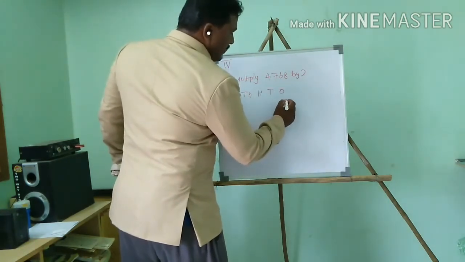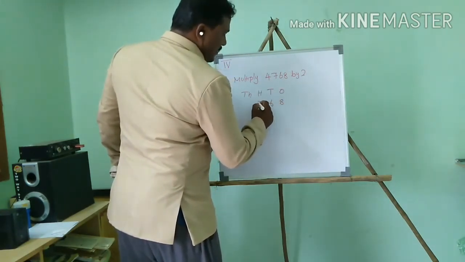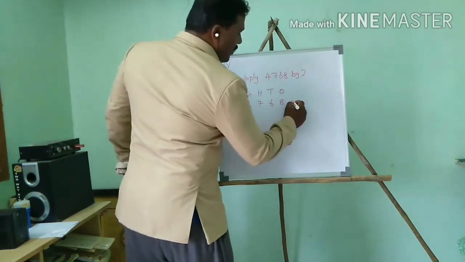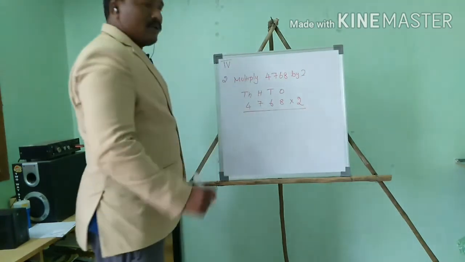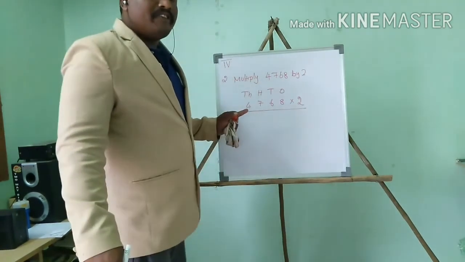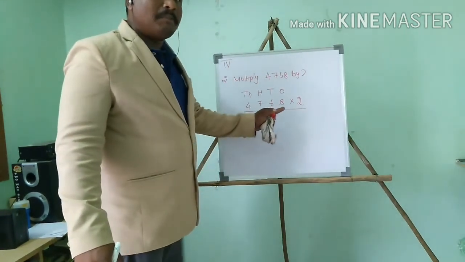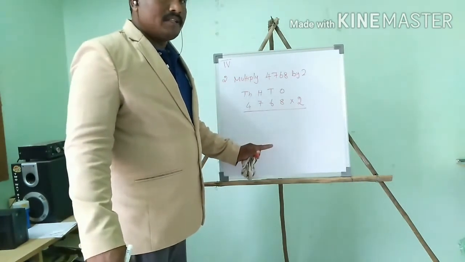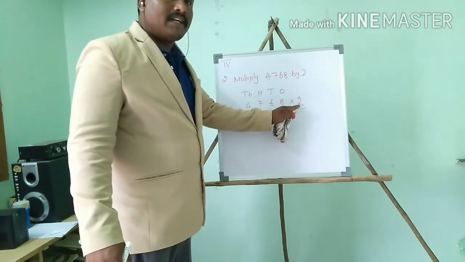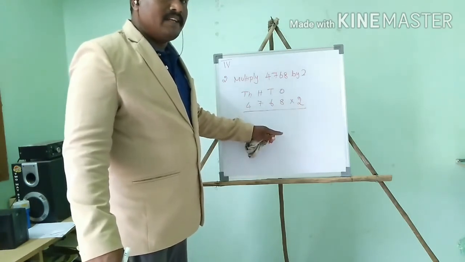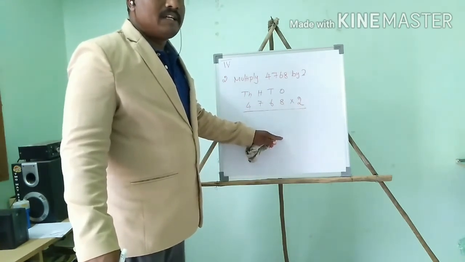So 8, 6, 7, 4 multiplied by 2. Now you can easily identify which is the multiplicand, which is the multiplier, and which is the product. After the multiplication, we get the result, the product.